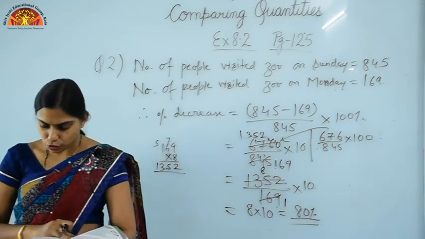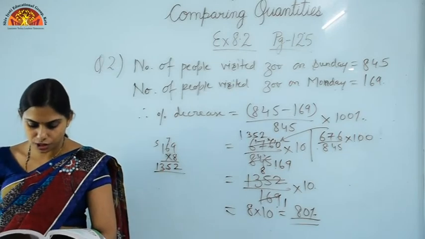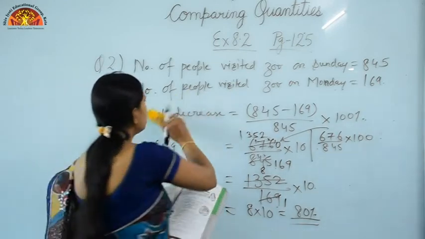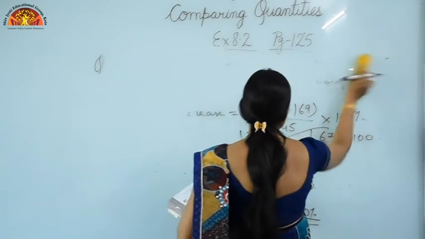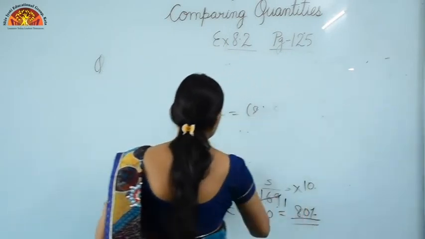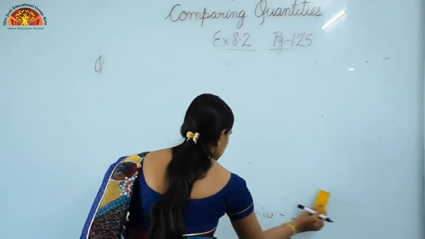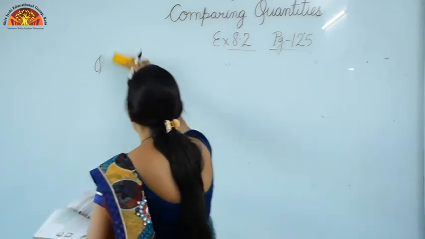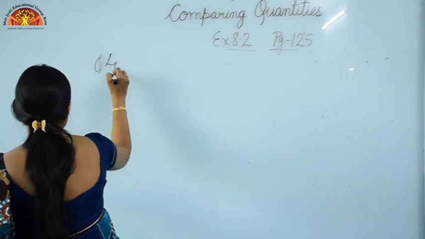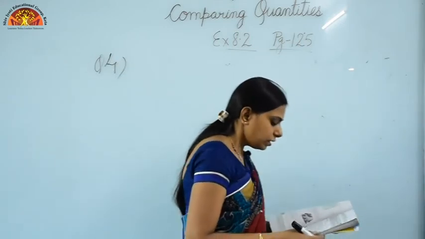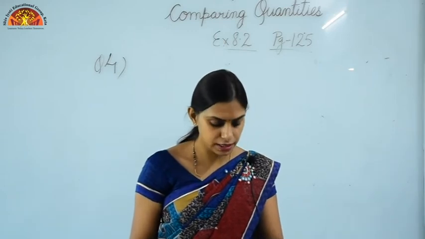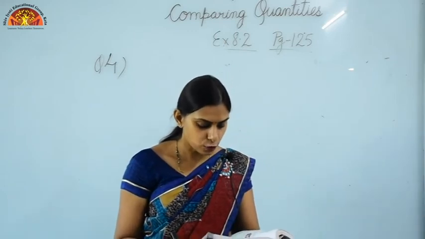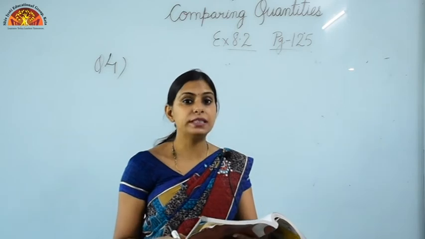Now just see the next question over here children, that is the question number 4. Just go through it. Question number 4, the cost of an article was rupees 15,500 and rupees 450 was spent on its repair.